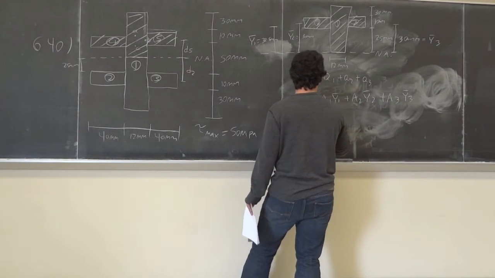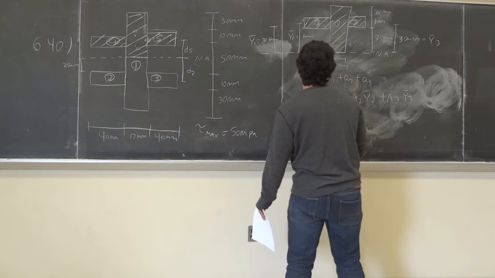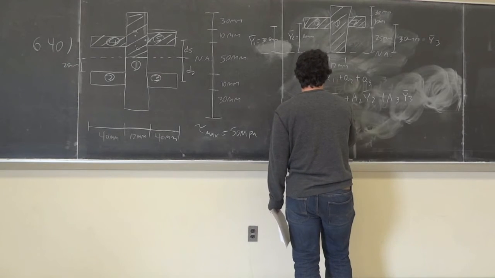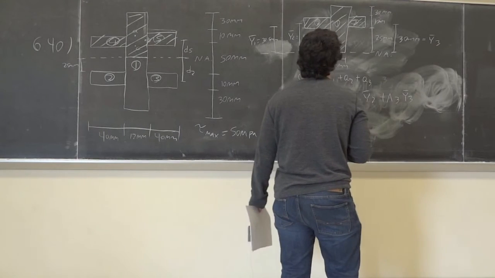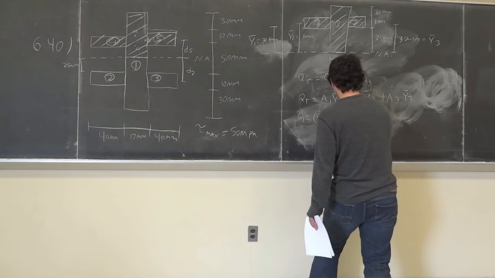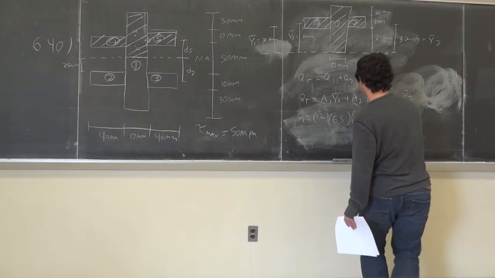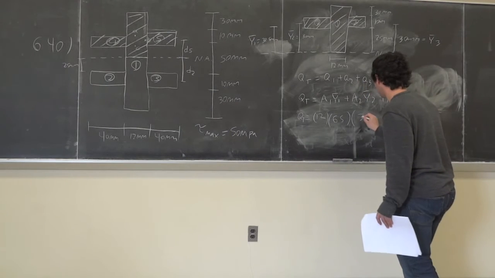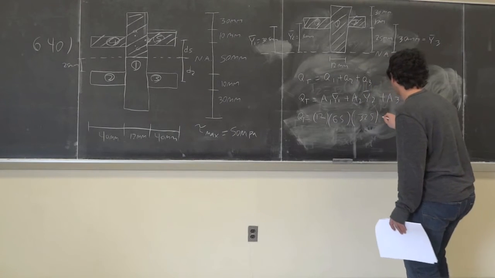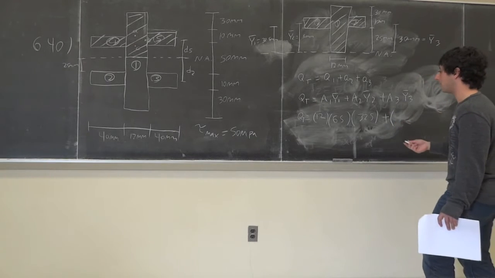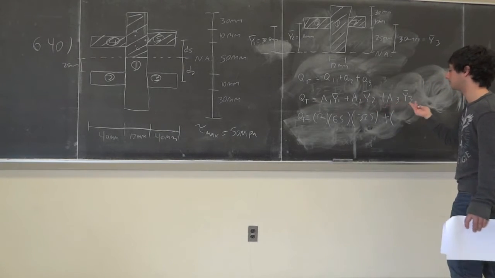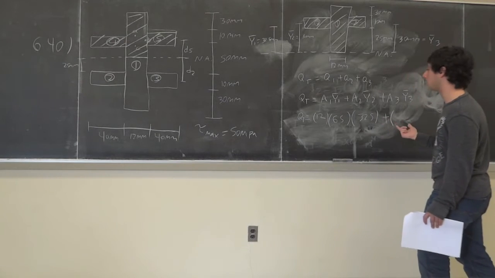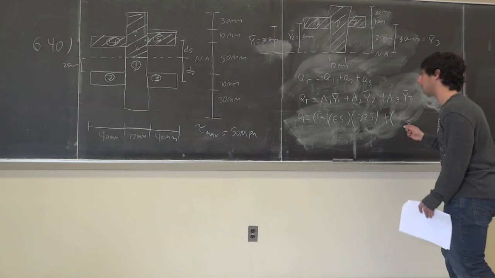Q total is equal to A1, which is 12 multiplied by 25 plus 10, that's 35, 65, times y bar 1, which is 32.5, plus A2. Q2 and Q3 are the same, so we could just do 1 and double it, but I'll just write it in, it doesn't matter.